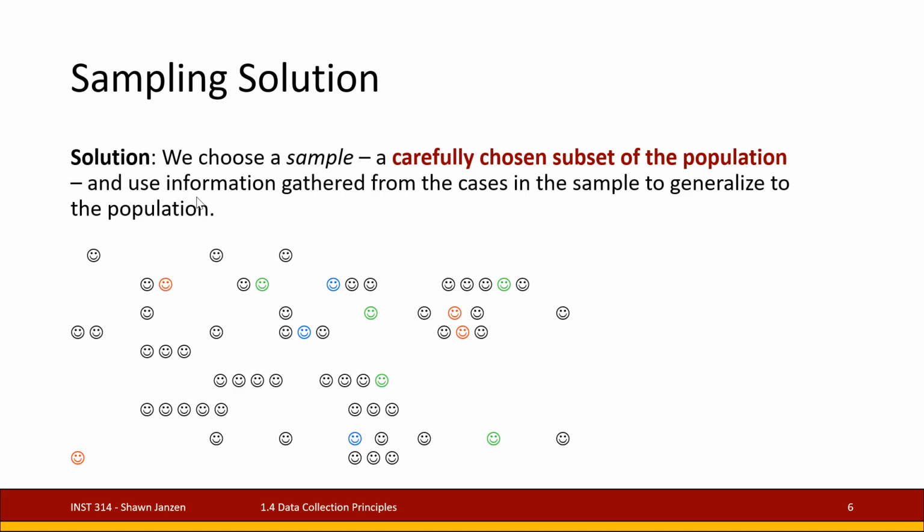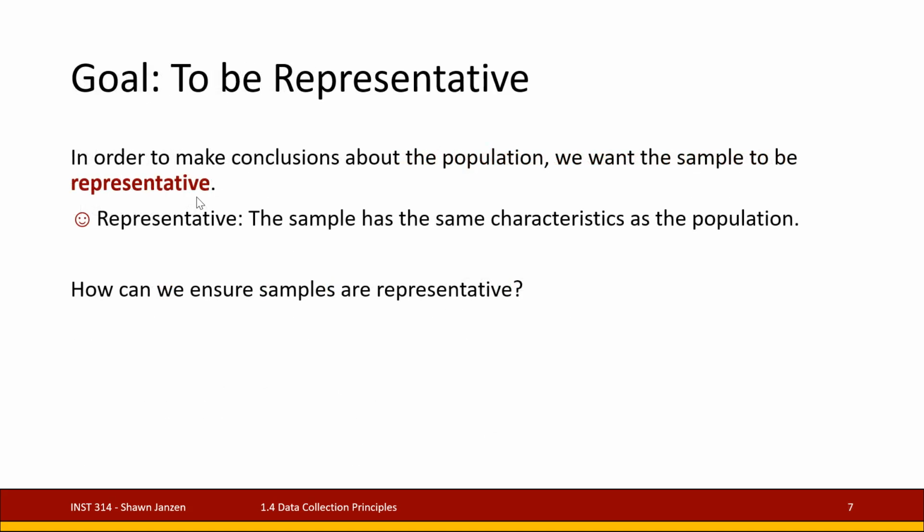There are many different ways that we can do this. But what we're really looking to do is be what we call representative, such that when you collect your sample, that sample will have enough of the same characteristics that it will reflect the population. So if I said that the average age of the student in this classroom is, let's say, 20, then hopefully, if I'm trying to infer back to the iSchool as my population of students, the average age of the population is going to be approximately 20.